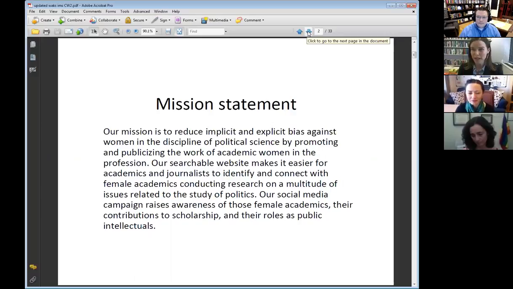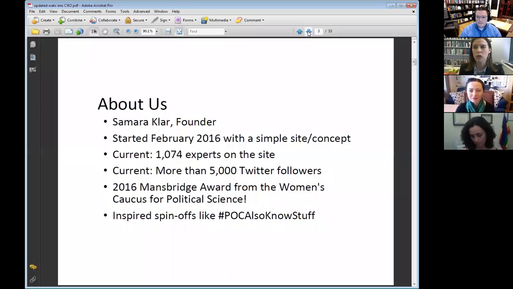And we can certainly apply that logic to political methodology as well, trying to shift the conversation about whose input should matter, whose expertise counts. We do that by maintaining a website with a searchable database of women experts in political science, as well as a very active social media presence on Twitter, both of which my colleagues are going to say more about in a moment.